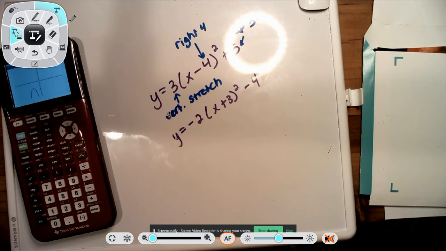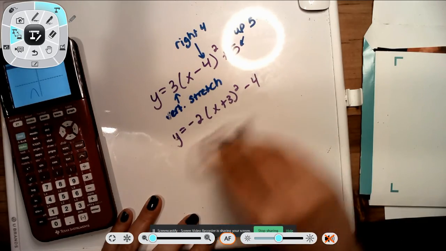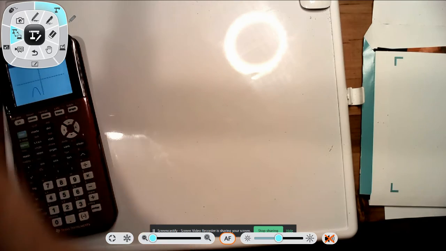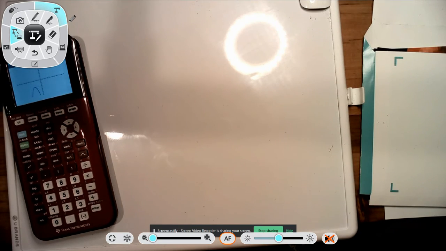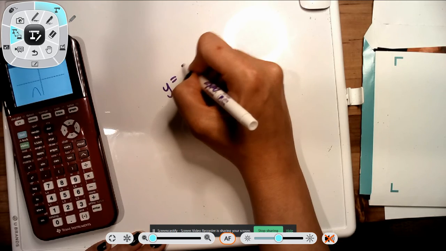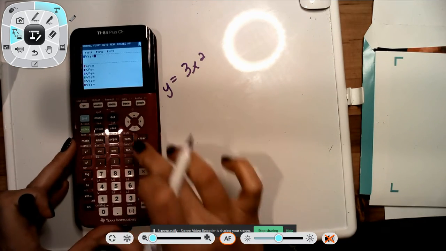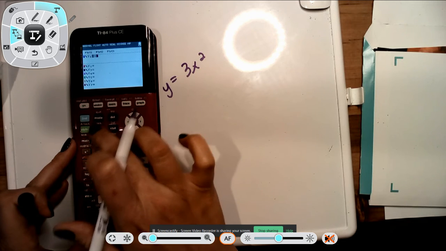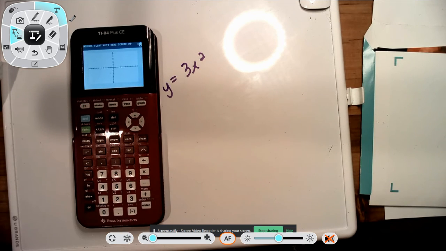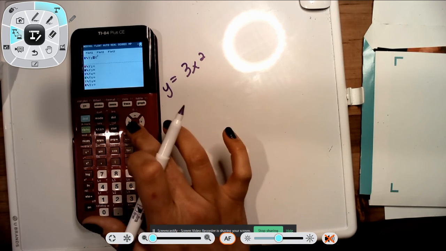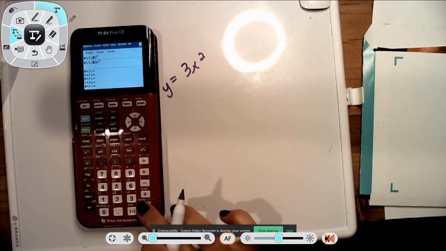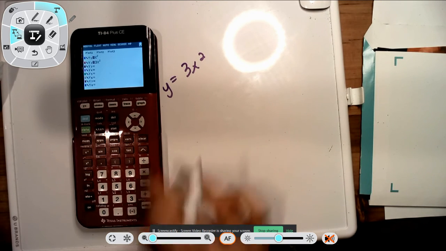So let's do one more with the different width of your graph. So if I do y equals 3x squared. Okay, so I'm going to show you just the parent function first, which is just x squared. Okay, so that's your standard graph, no changes. If I also graph 3x squared, let's see what happens.